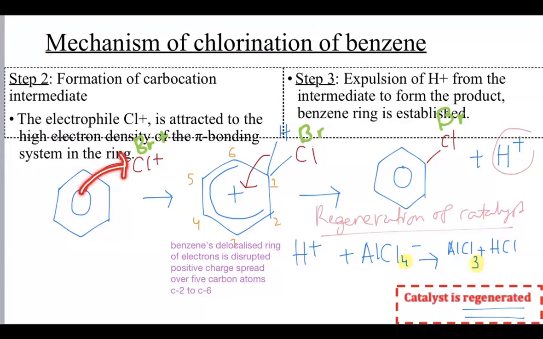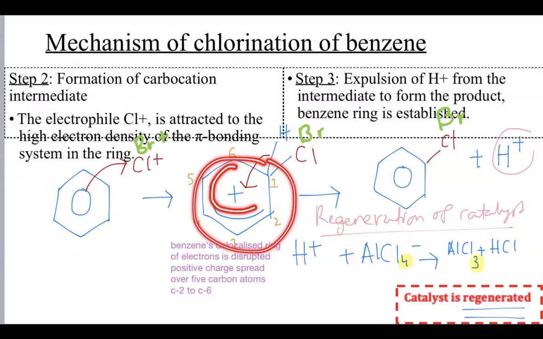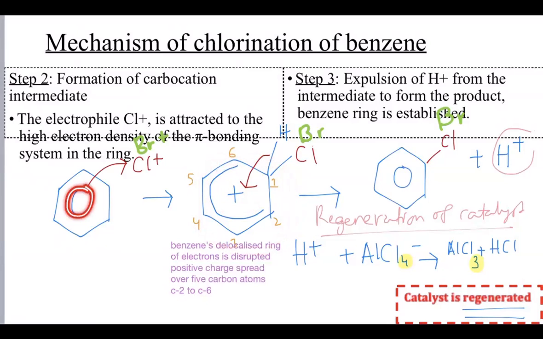Then it forms a carbon-chlorine bond, carbon electrophile bond. In the intermediate, there are only 4 electrons in this broken pi system or broken delocalized system. Take note, in this complete circle there are 6 pi electrons. In this broken circle there are only 4 pi electrons.